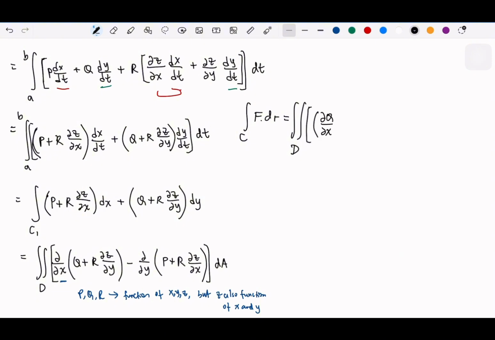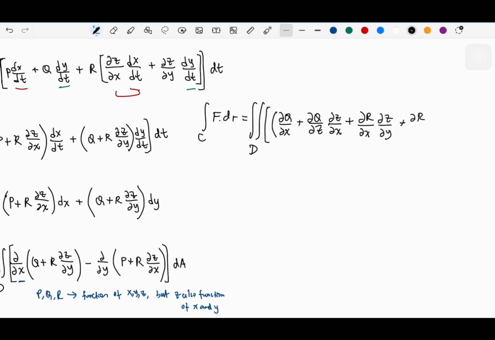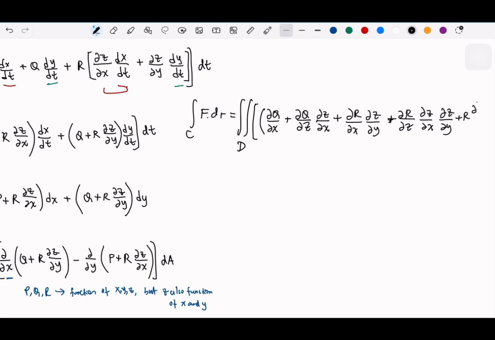So this is Q, and this is partially differentiated, and then minus the partial with respect to y.